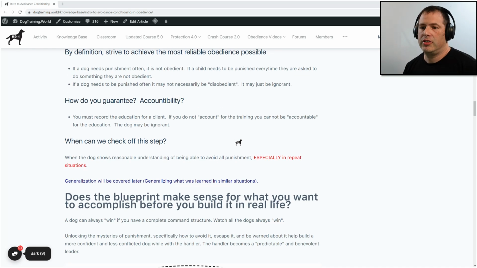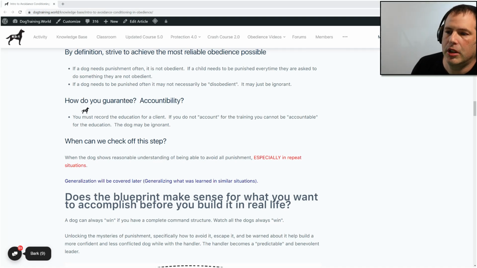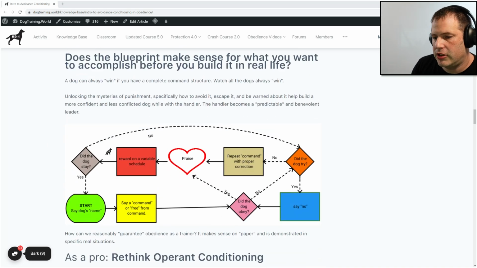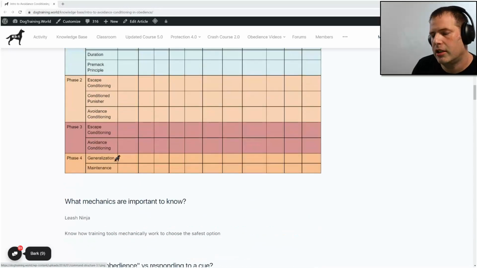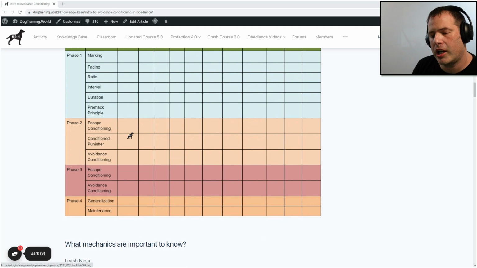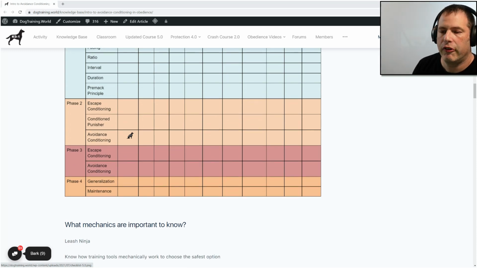Now, how do we guarantee training? It's because this is geared towards professionals. Again, please use a checklist system if you're taking money from a client.